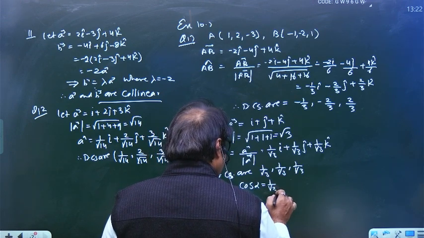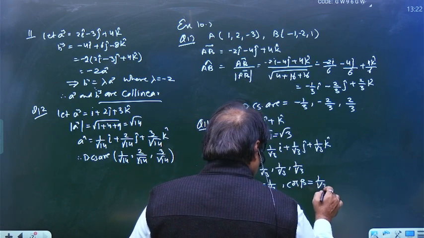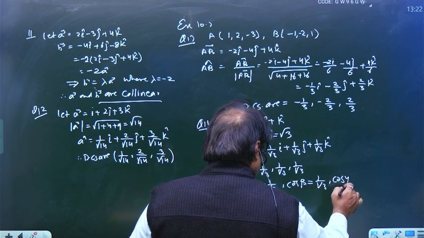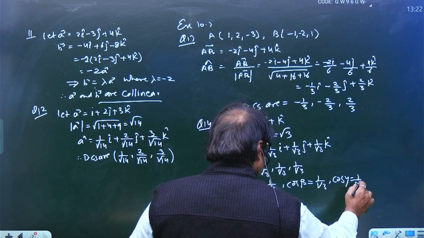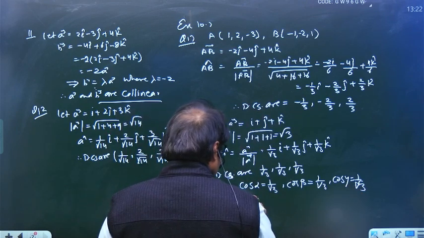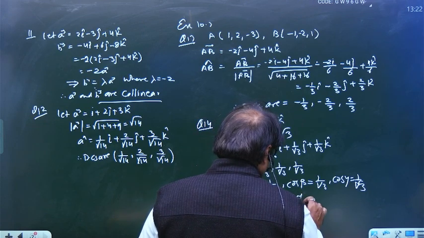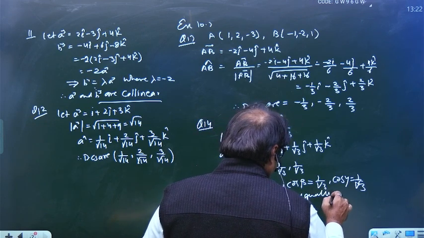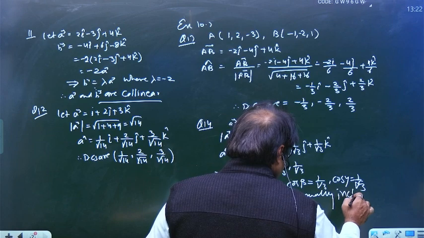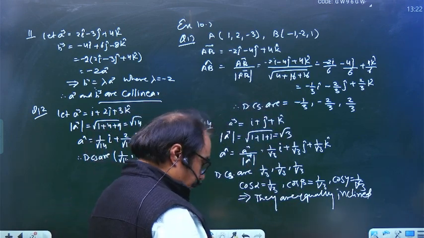Cos alpha is 1 by root 3, cos beta is also 1 by root 3 and cos gamma is also 1 by root 3. It means they are equally inclined. So this is your question number 13.